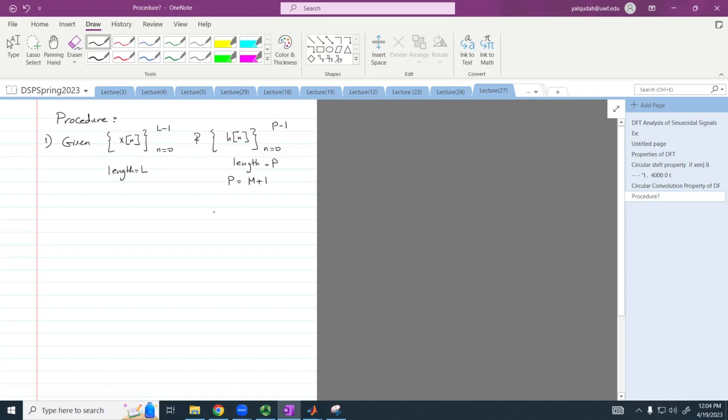That's length of P. Now we're going to select N to be greater than or equal to L plus P minus 1.